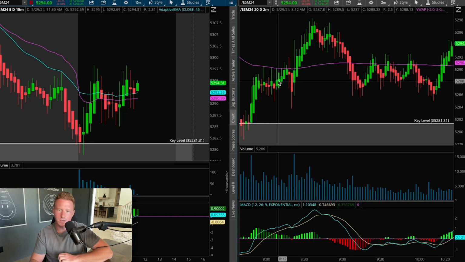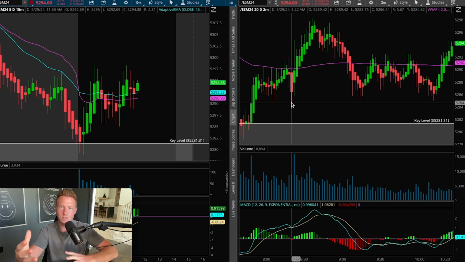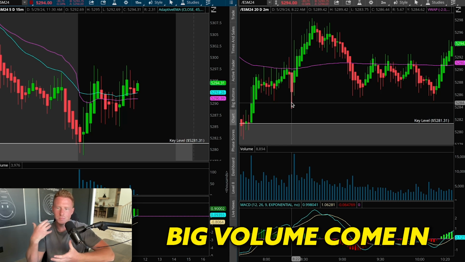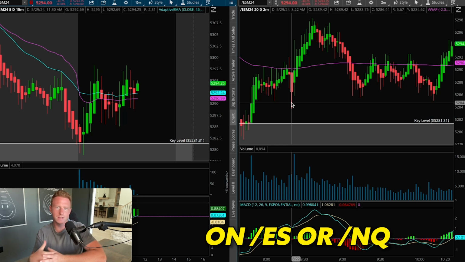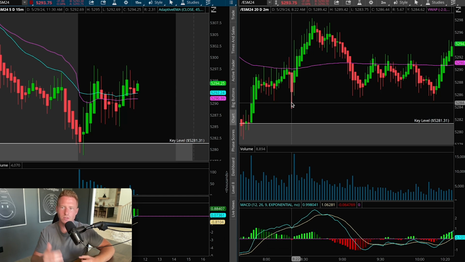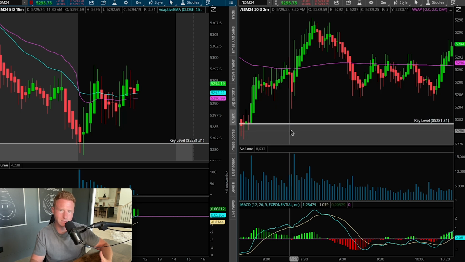As you can see, this is around 8 o'clock. We came up to VWAP, we sold off, and then we got bought up with huge volume right here. Massive volume came in within the first hour of the day. You know that I like to see big volume come in on ES or NASDAQ in the first hour of the day. That usually signifies the low of the day or high of the day, most of the time, as long as you have some market structure in your favor, like a demand zone supporting this.